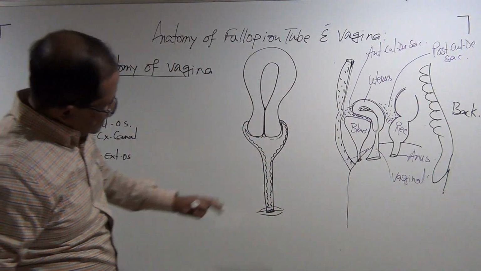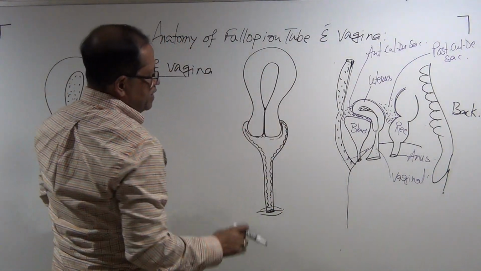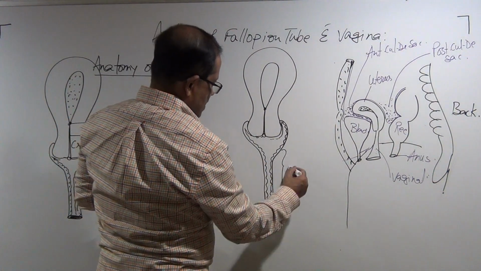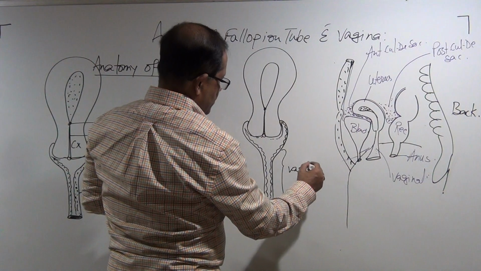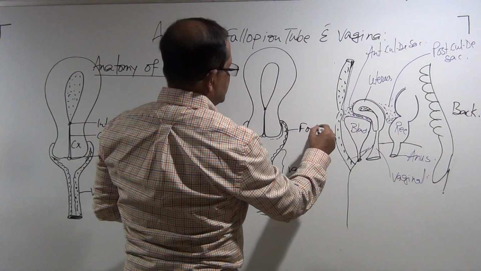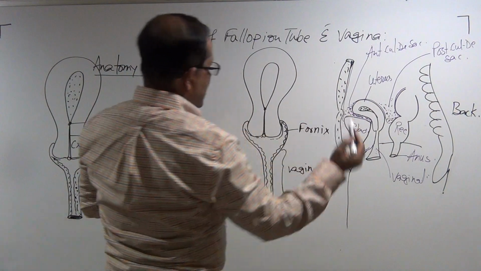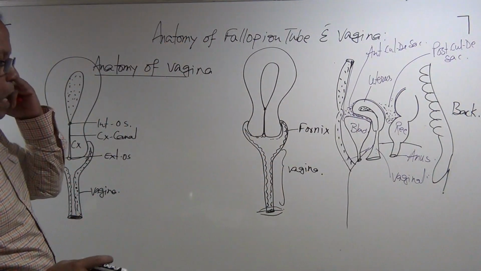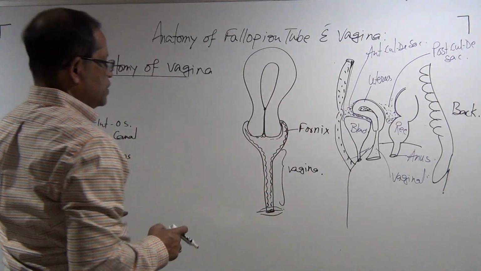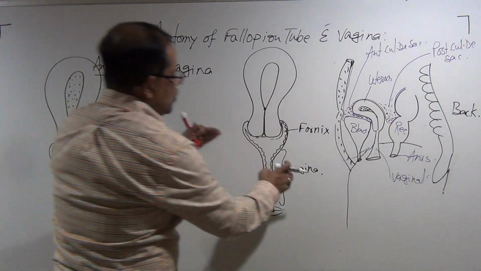Okay, so this is normal vagina. And these are fornix. One on the anterior, one on the posterior. Posterior fornix is deeper than the anterior. Okay? So this is normal.